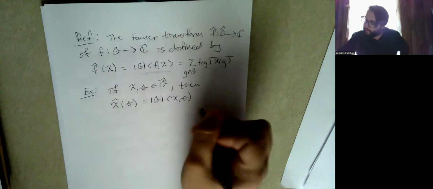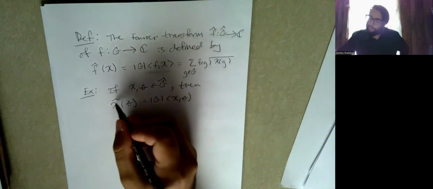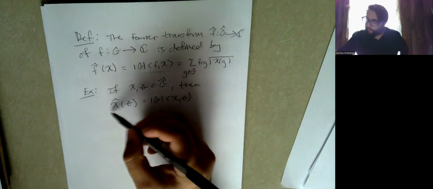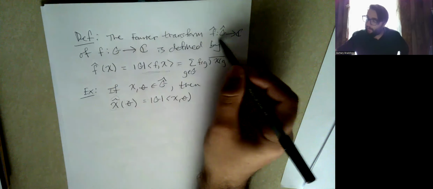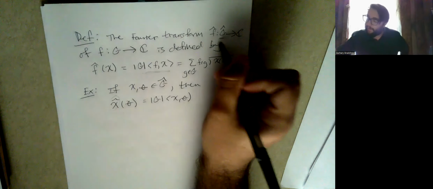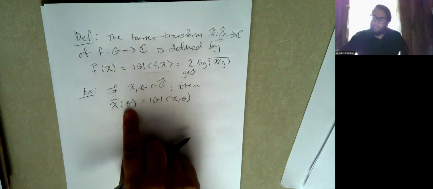Okay, so let me just point out where we're taking the Fourier transform of chi here. So that means that the Fourier transform of chi takes an element of the dual group. Elements of the dual group are the irreducible characters. So this makes sense here.